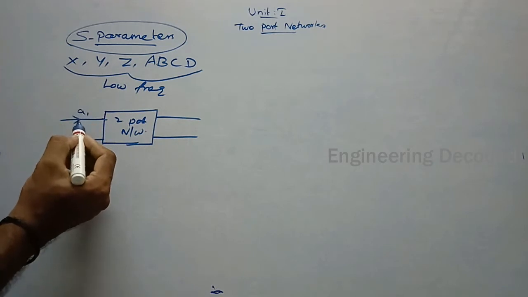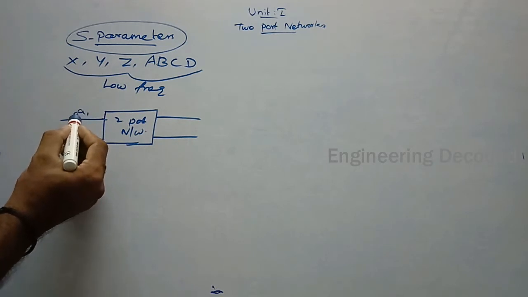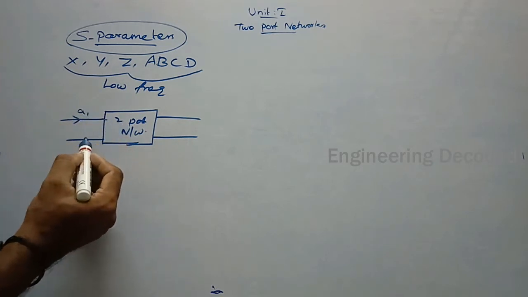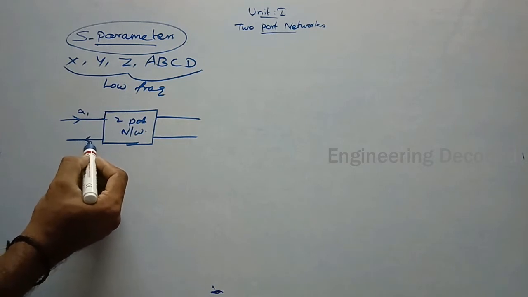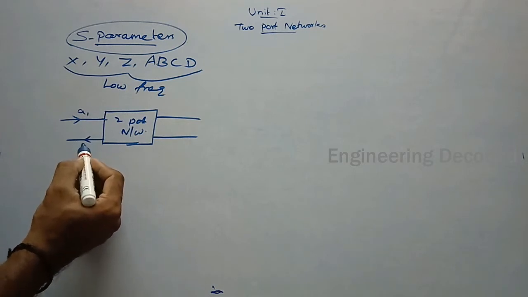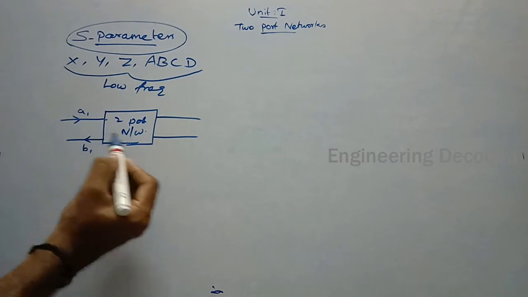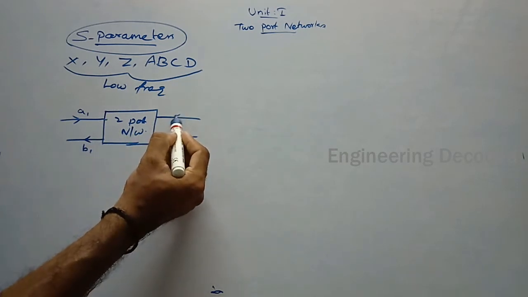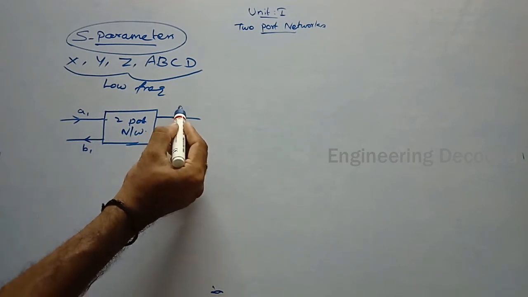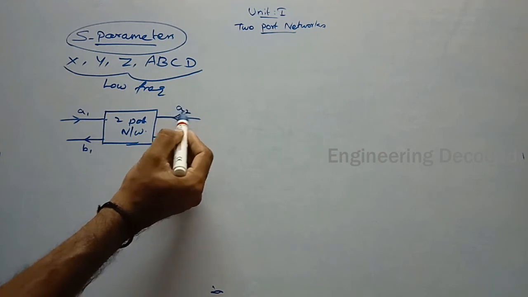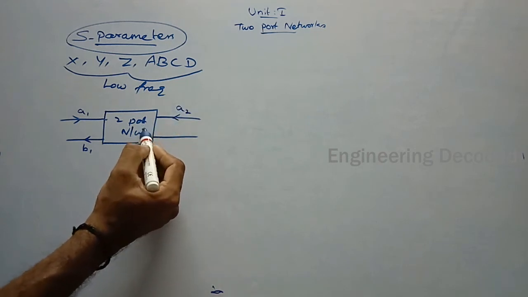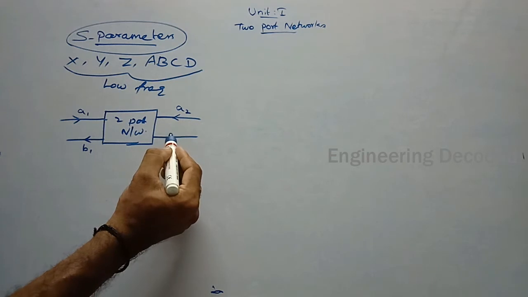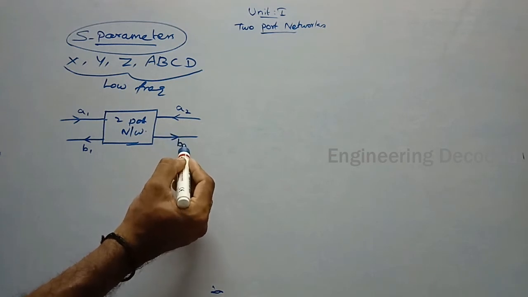Let it be A1. This incident voltage goes into the two-port network and it will be reflected back as B1. Similarly, we can apply another incident wave called A2. It will also enter port 2 and it will also come out as reflected wave B2.